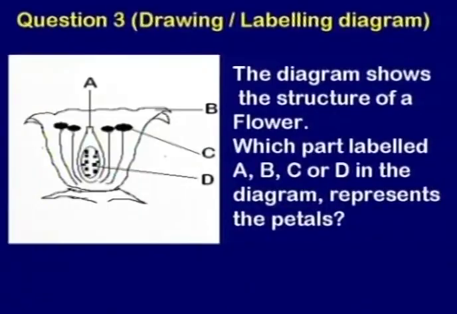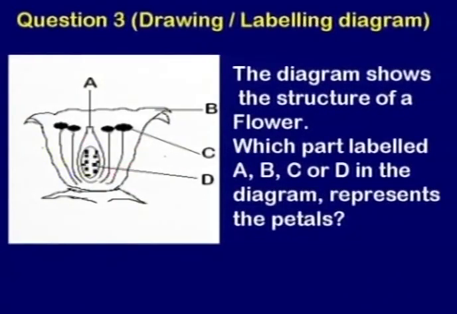Who can give me the answer for A? What is A? Receiving students, tell your teacher what name is given to A. All right, let's have Messi. Messi, what's A? Stigma.